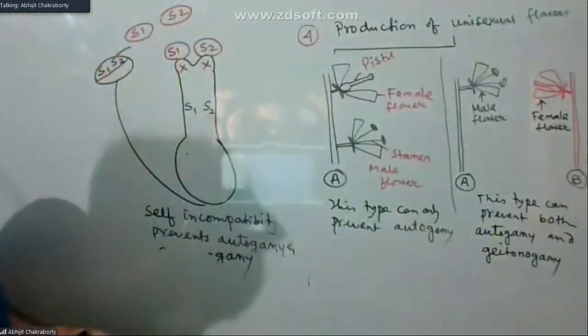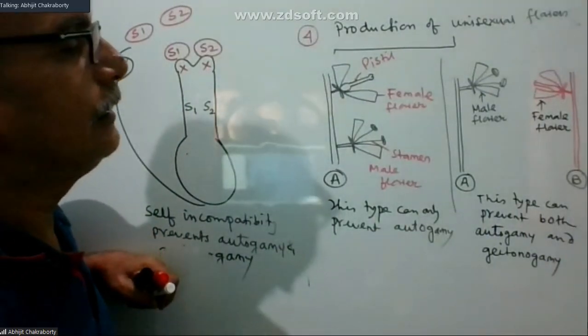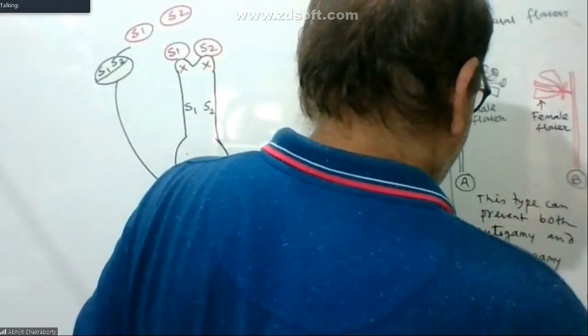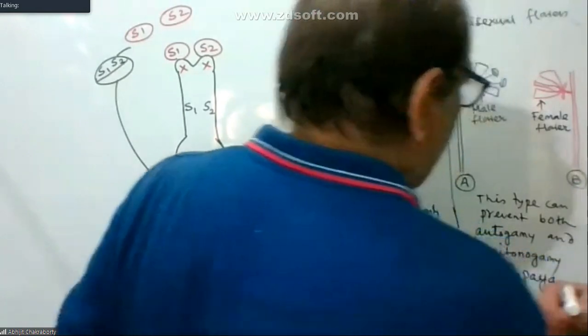This type can prevent both autogamy and geitonogamy. That means it is found in, for example, papaya.